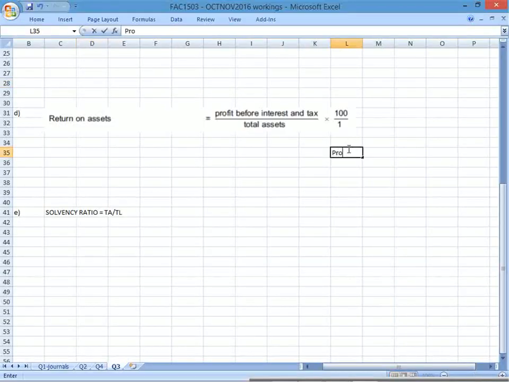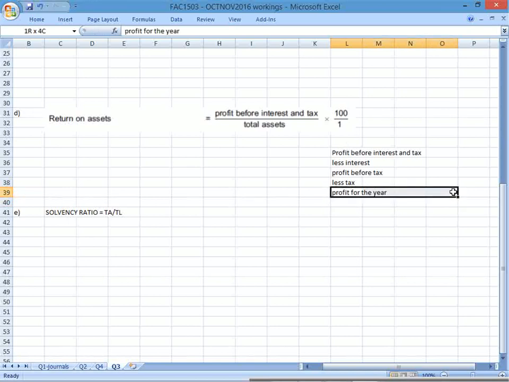Profit before interest and tax, then I would less interest, then I get profit before tax, then I less tax, that gives me profit for the year.